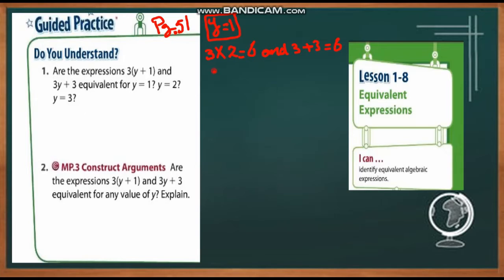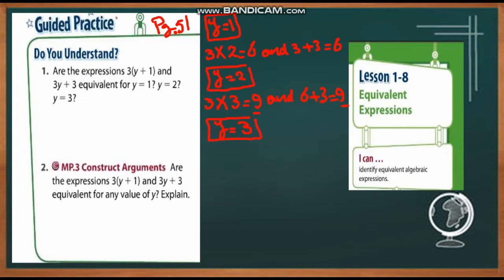Let's substitute y by 2. The first expression, 3 times y equals 2 plus 1 equals 3. So 3 times 3 equals 9. And the second expression, 3 times y when y equals 2. So 3 times 2 equals 6 plus 3 equals 9 also. Let's substitute y by 3.